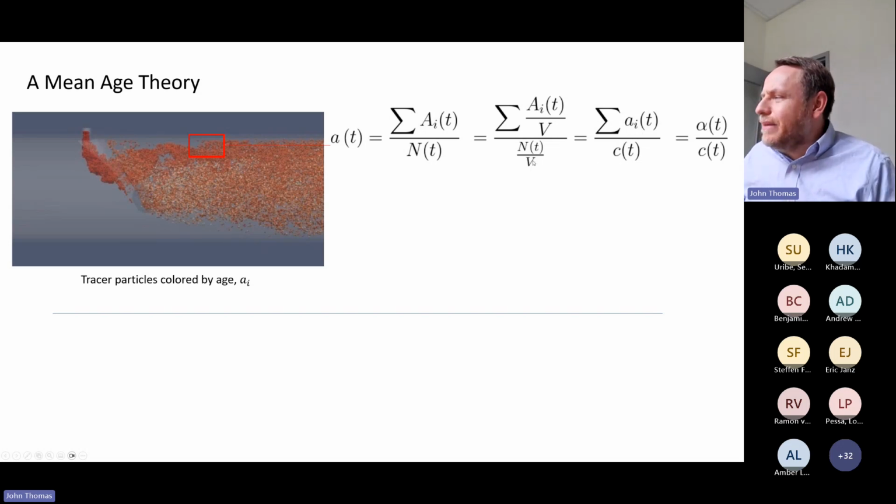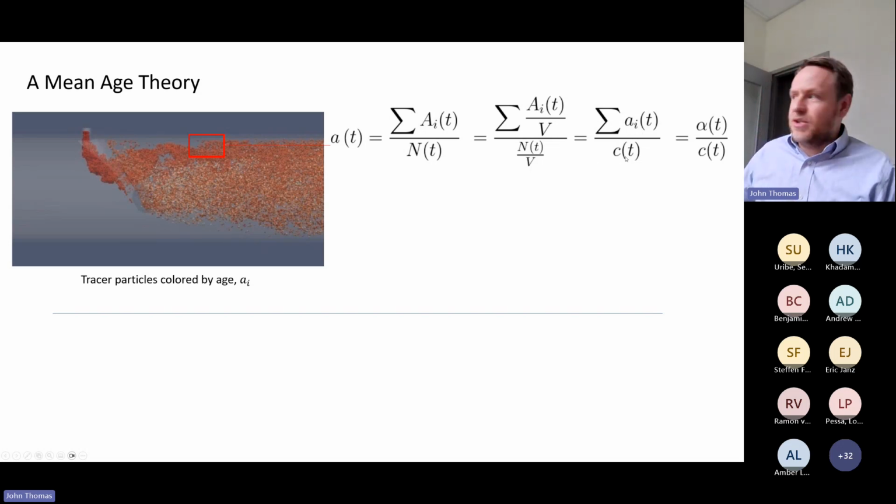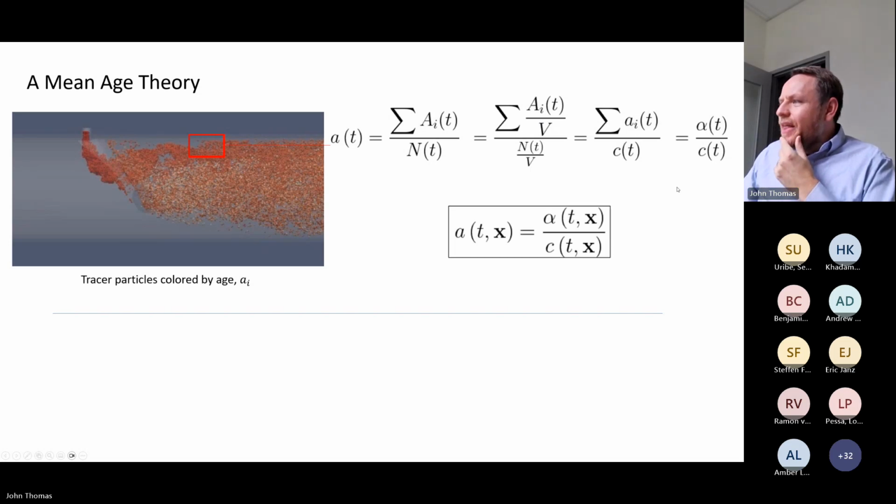And so the denominator is pretty familiar. That's just a number density or concentration. The numerator here, this is something that Mignet called the molecular age, as it were. So think of it as this kind of volume averaged age, termed molecular age. These define a local property.